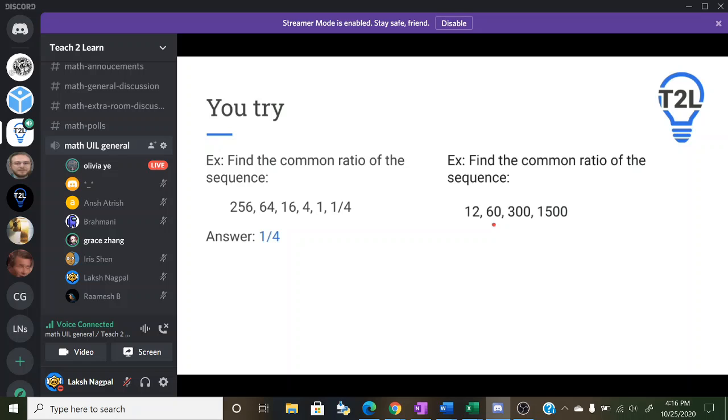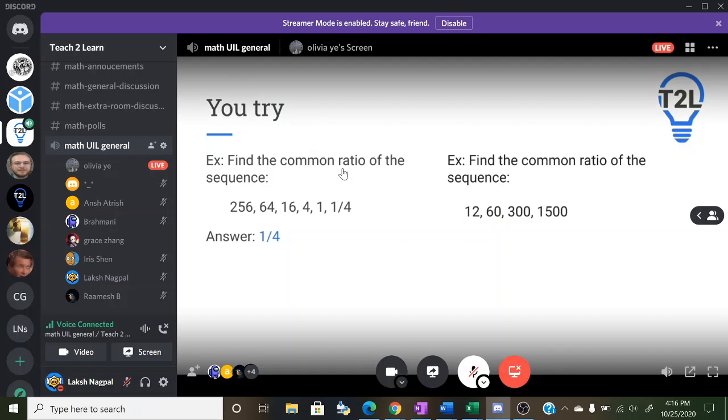If you want to try the next example, you have 12, 60, 300, and 1500.